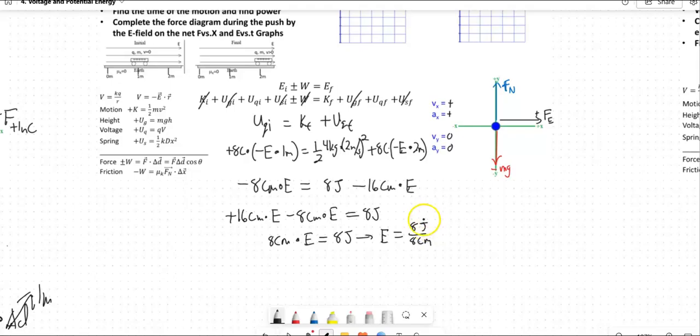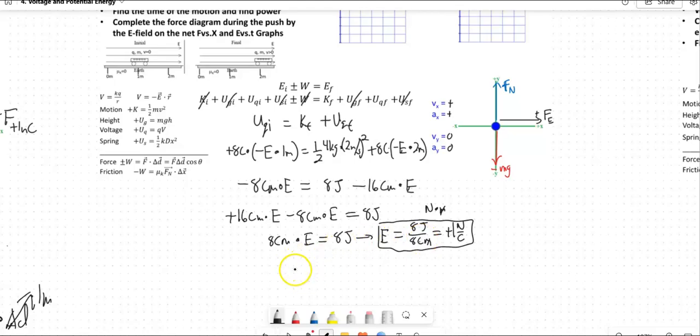And remember, a joule is a newton times a meter, right? So those meters are going to cancel out. And what we're going to get is positive 1, so it's going to be a rightward pointed electric field, newtons per coulomb. So that is what we are asked to solve for. Okay, positive 1 newtons per coulomb.